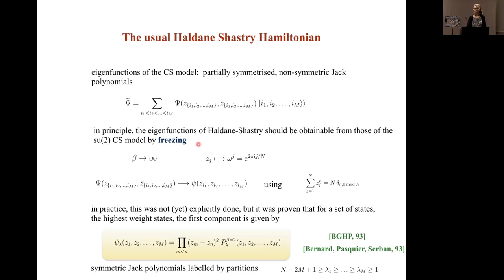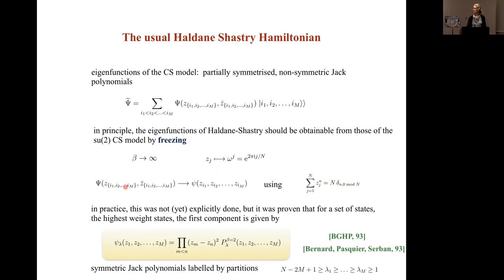You see that when the coordinates go to the roots of unity, all the symmetric sums with powers from n equals 1 to N minus 1 will vanish. That's a property of the roots of unity. And if small n is equal to 0, then you'll get N.